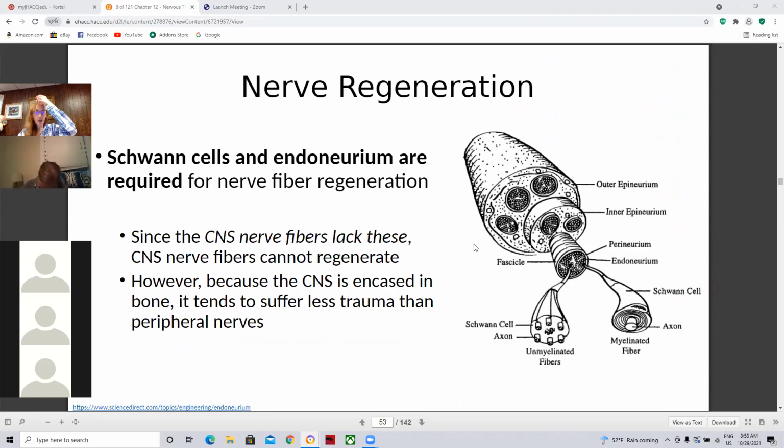Schwann cells and endoneurium. Remember, endoneurium is the connective tissue that surrounds that neurolemma on the myelin. They are required for nerve fiber regeneration. Since the central nerve fibers lack these, the central nerve fibers cannot regenerate.